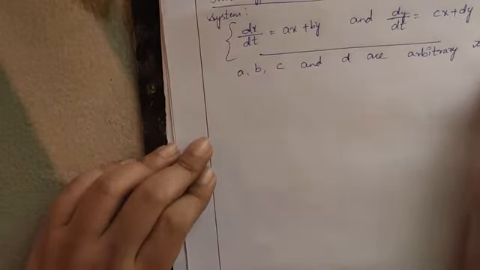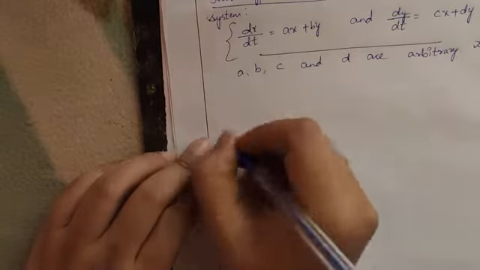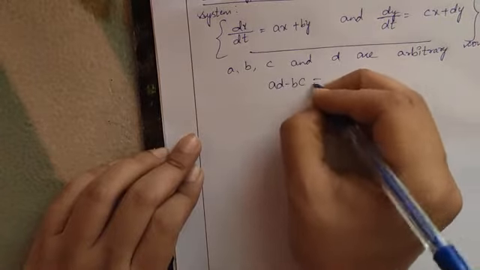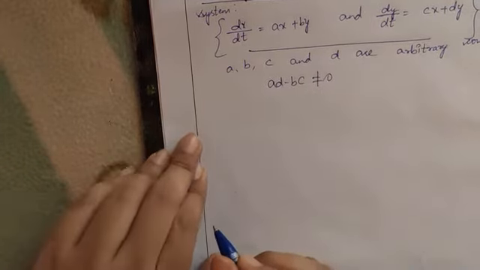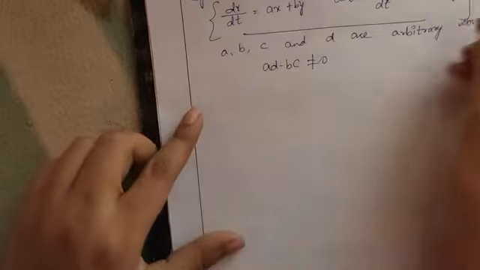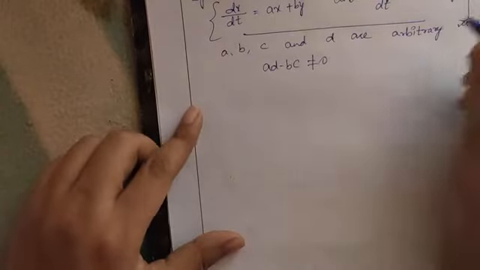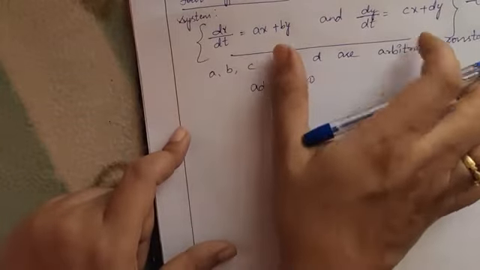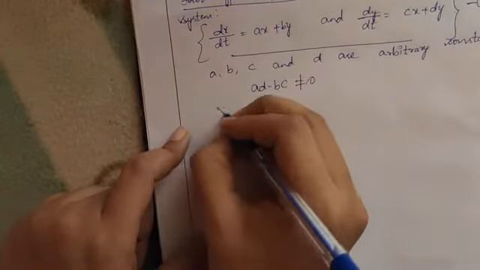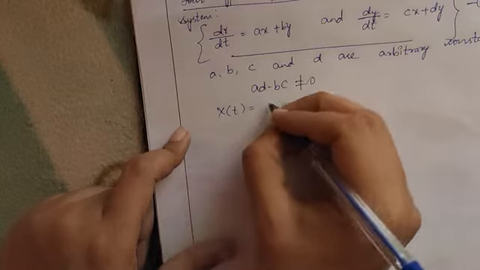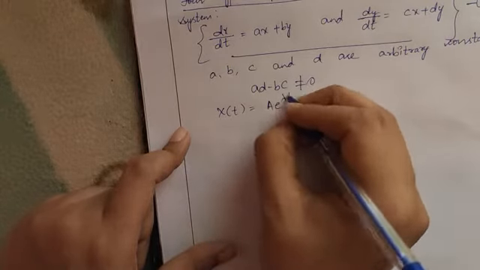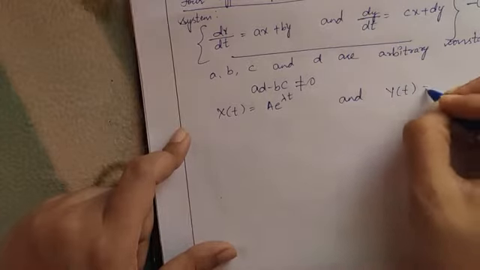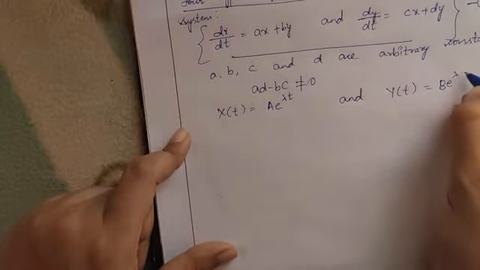and if you write this in a matrix form and find the determinant of this, the determinant will not be equal to 0. I will call this equation number 1. Let us assume that the solution of equation 1 is of the form x of t is equal to a into e power lambda t and y of t is equal to b into e power lambda t.